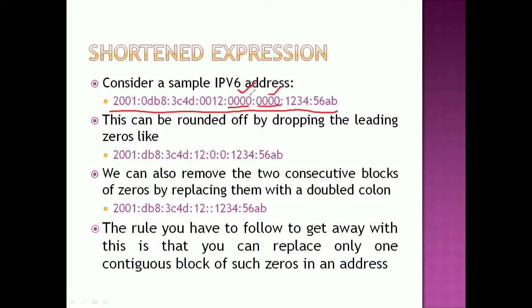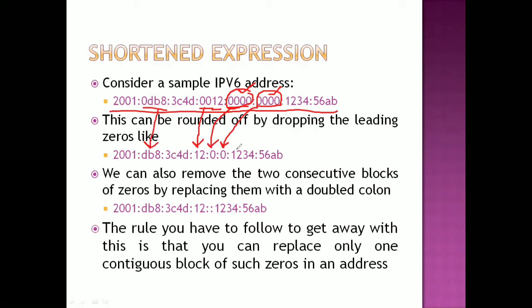So what you have to do is just summarize these 4 zeros as a single zero. And similarly, these 4 zeros can also be summarized as a single zero over here. Similarly, the leading zeros can be omitted. So 0012 can be written as simply 12. And here you can see that 0db8 can be written as db8.